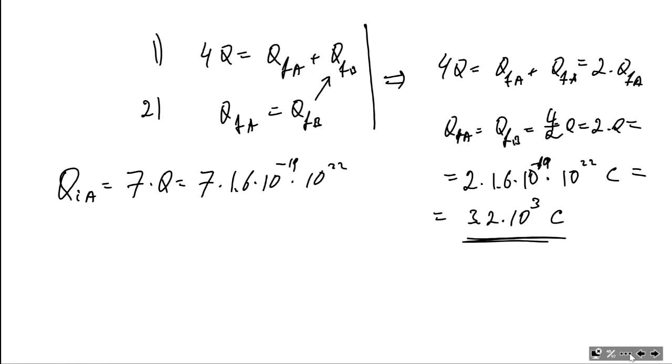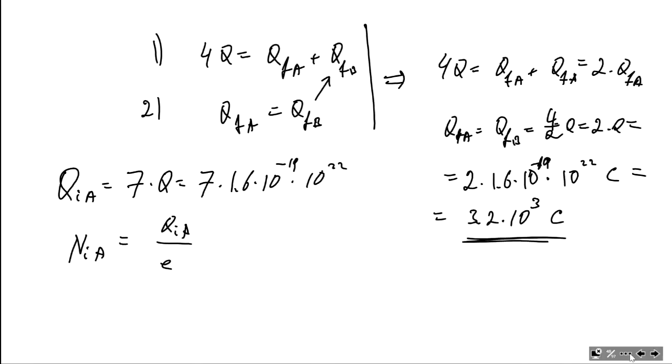Now we know that the final charge is this. What is the number of electrons associated with a charge? Well, N E initial was equal to Q A initial over 1, well, elementary charge.